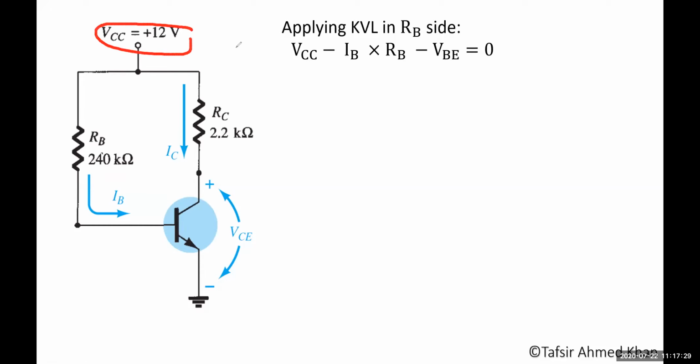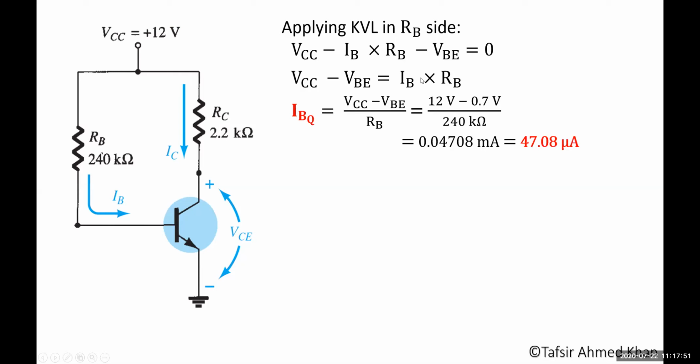VCC at first, this one, then IBRB here, the next drop IB into RB, the next drop VBE, then equal to 0. So the unknown thing is IBRB. Take that to the other side. So VCC minus VBE is equal to IBRB.